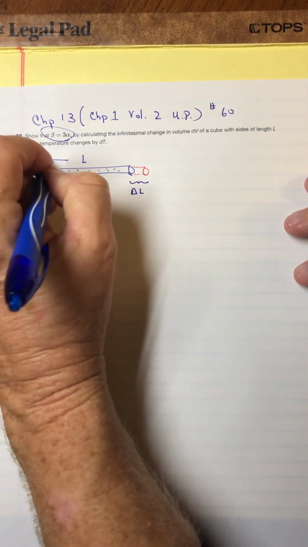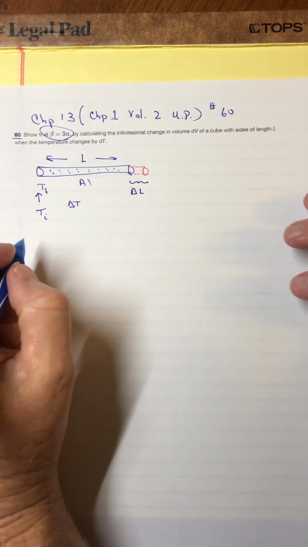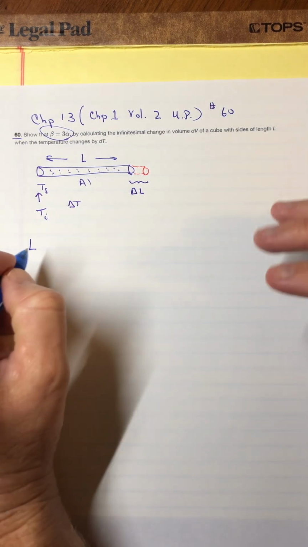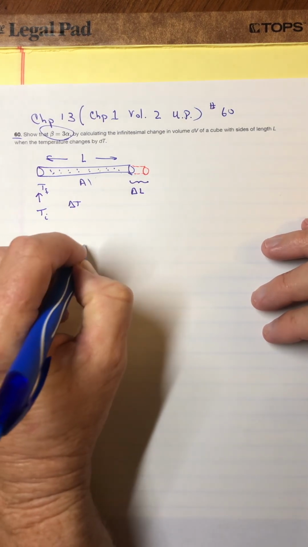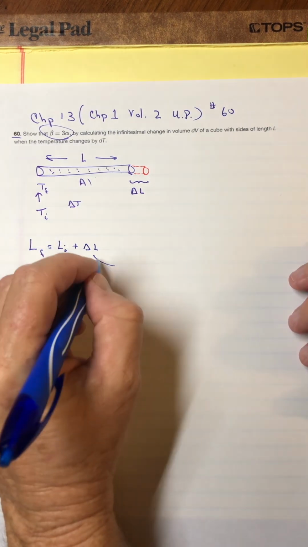L is its original length, and now it's going to get a little bit longer. So the new length, L final, is how long was it before plus this little increase.